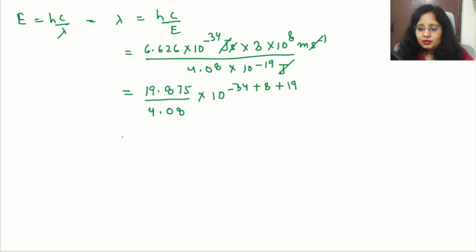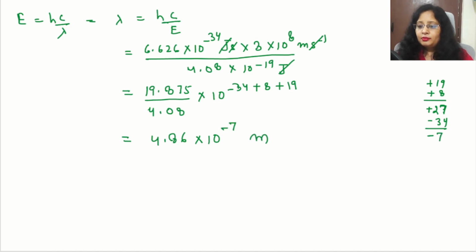Now doing the division, we will get the value 4.86 into 10 to the power, now minus 34 plus 8 plus 19, it becomes minus 7. So lambda's value, the wavelength, is 4.86 into 10 to the power minus 7 meter, and this is our answer of this question.